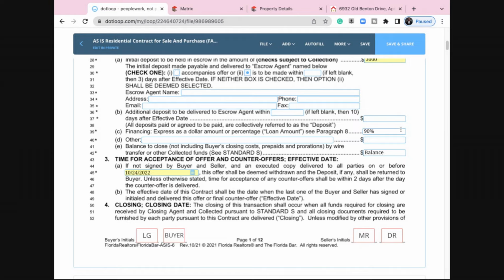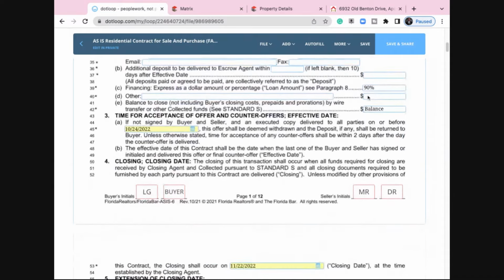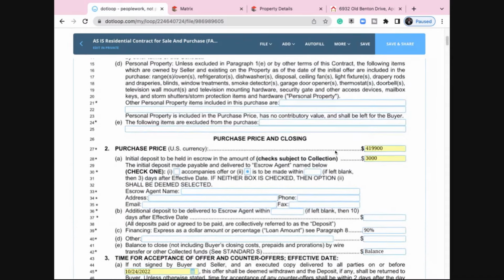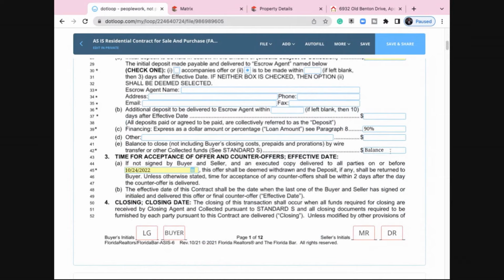Okay, so what they're saying is that what you're not financing, the part that you're not financing, minus your deposit, that balance, it could be written in as a balance here, or it could be written in as an amount here. Okay.